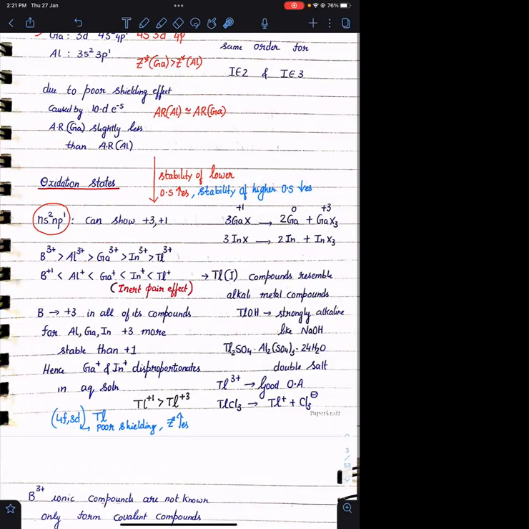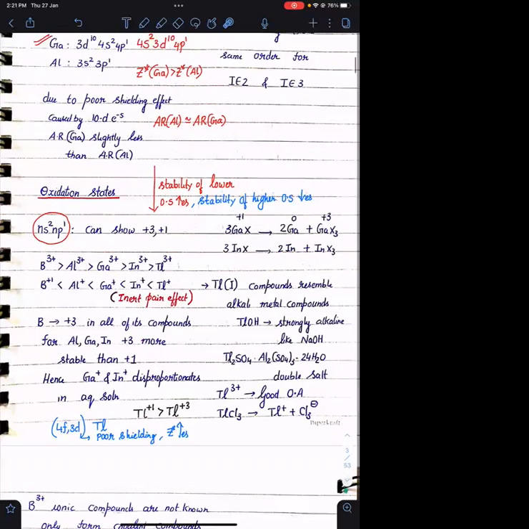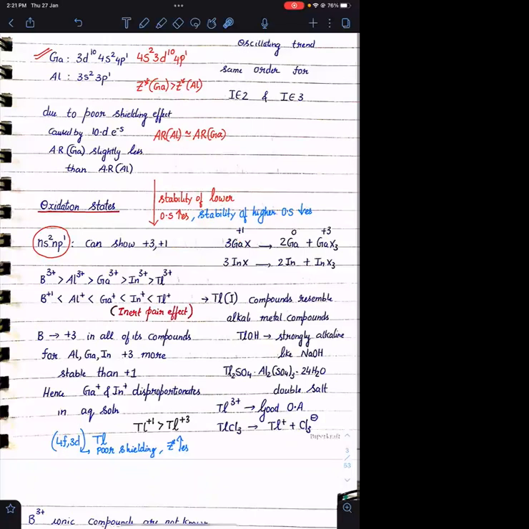Is that clear? Okay. As +3 is more stable, if you are having gallium +1, it disproportionates in aqueous solution. मतलब क्या है? Gallium यहाँ पे +1 है. Disproportionation मतलब the same element undergoing oxidation as well as reduction. Gallium +1 being less stable when compared to gallium +3, it is spontaneously converting into +3.